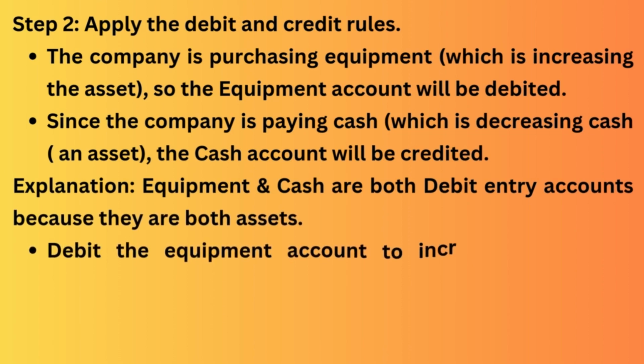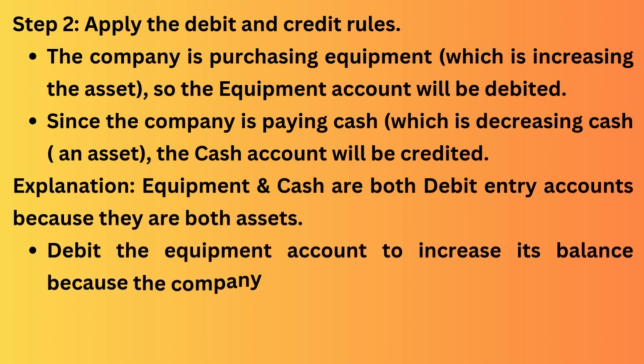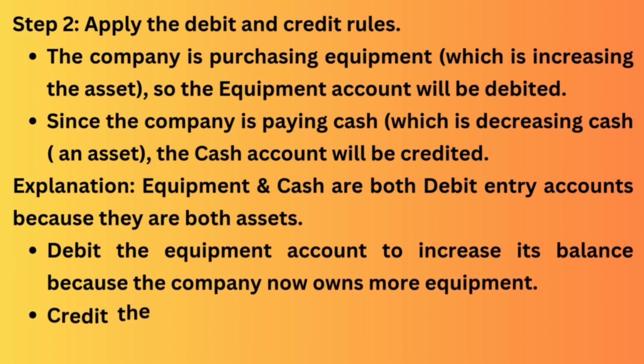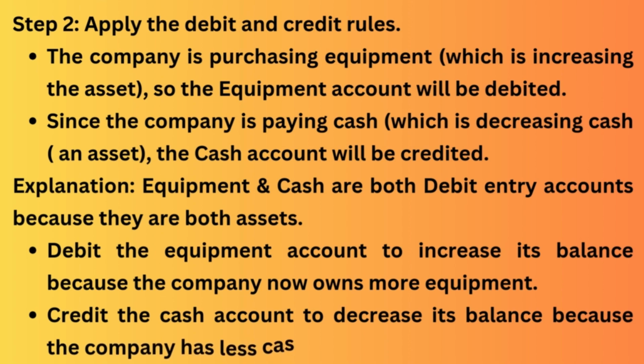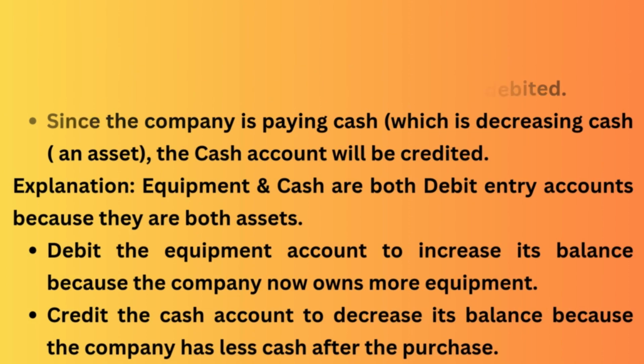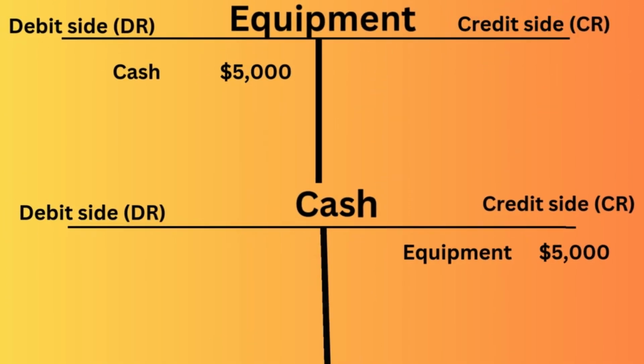And to reduce the balance in a cash account, which is an asset account, which makes it a debit entry account, we need to post to the credit side. Now, this is a summary of what the transaction will look like in a traditional T account.